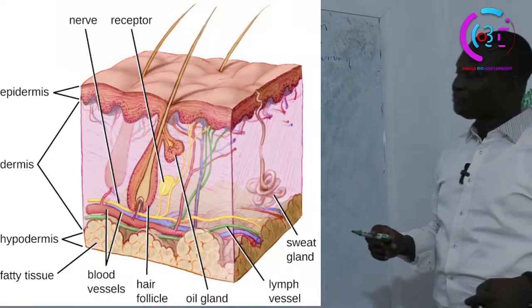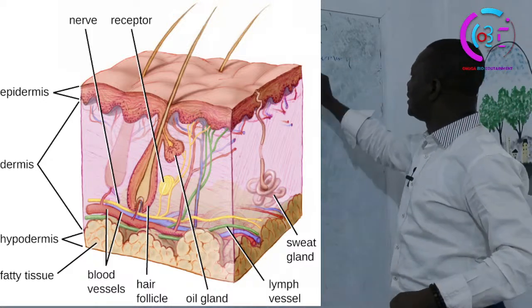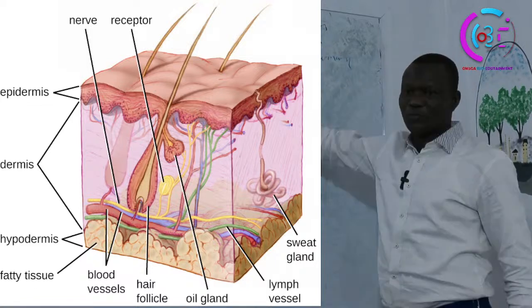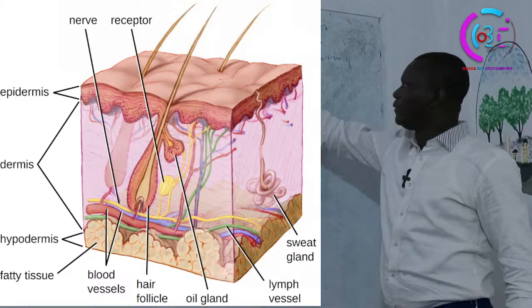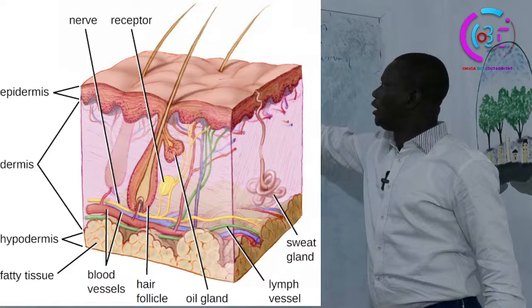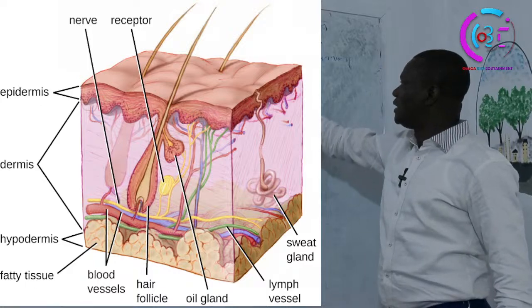Then also, these epithelial cells, and I've given you examples of where you can have them. We have the gastrointestinal tract as an example.